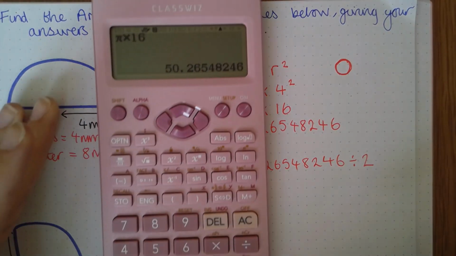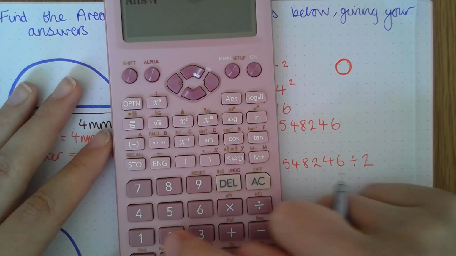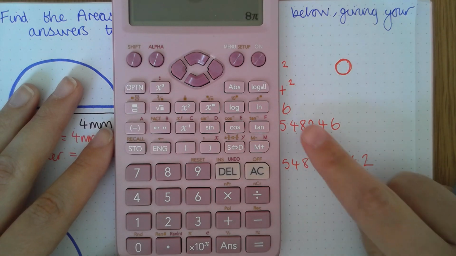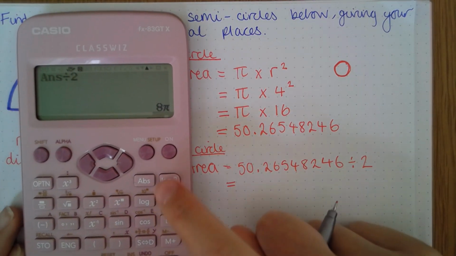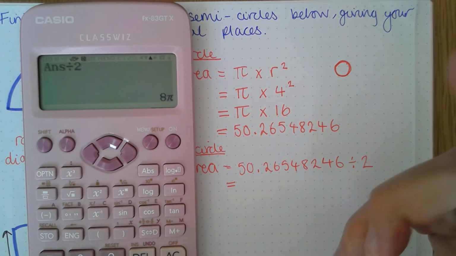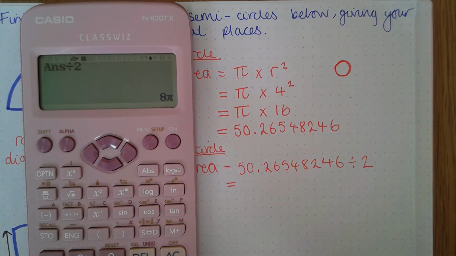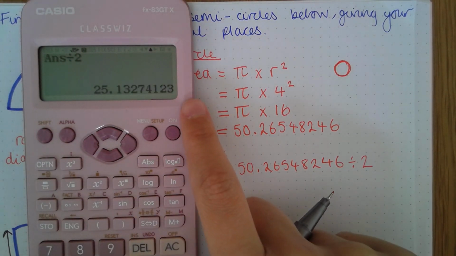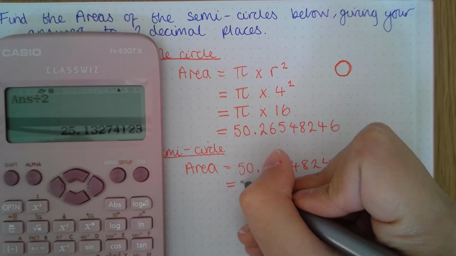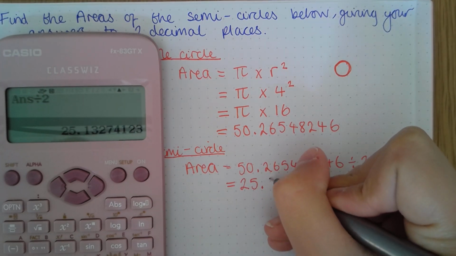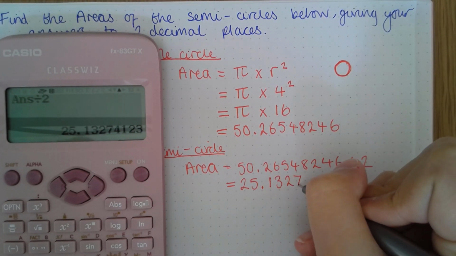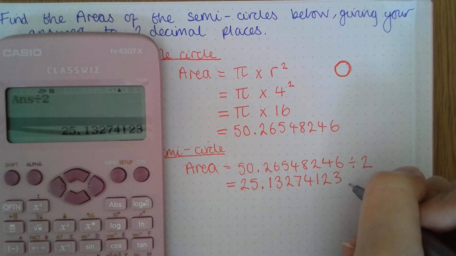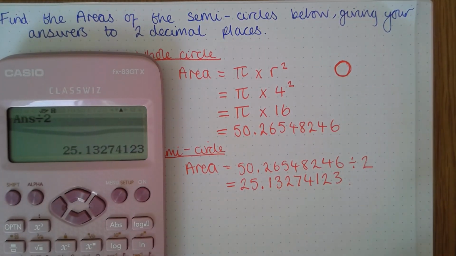So you can do that just by pressing answer divided by 2 equals 8 pi, but that's not how we want our answer. We want decimal places, so we press S to D, and that gives us 25.13274123, and that is for our semicircle.